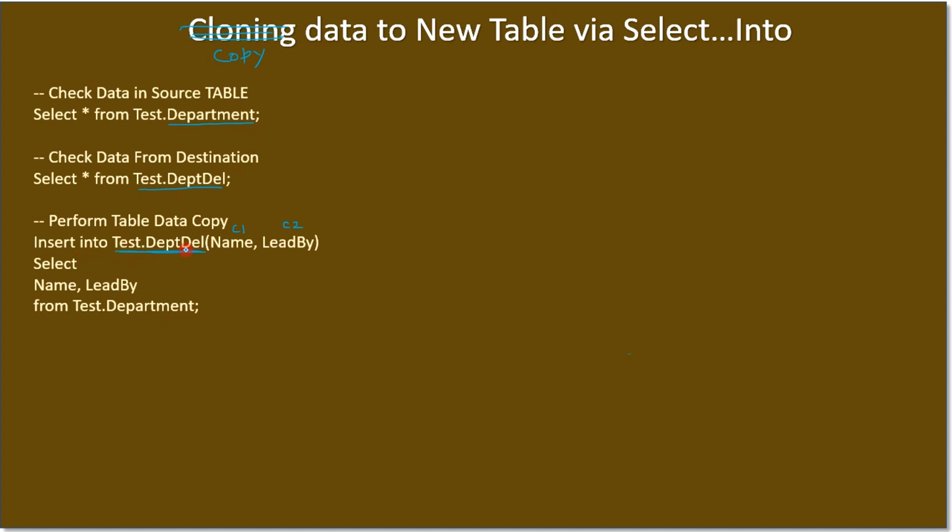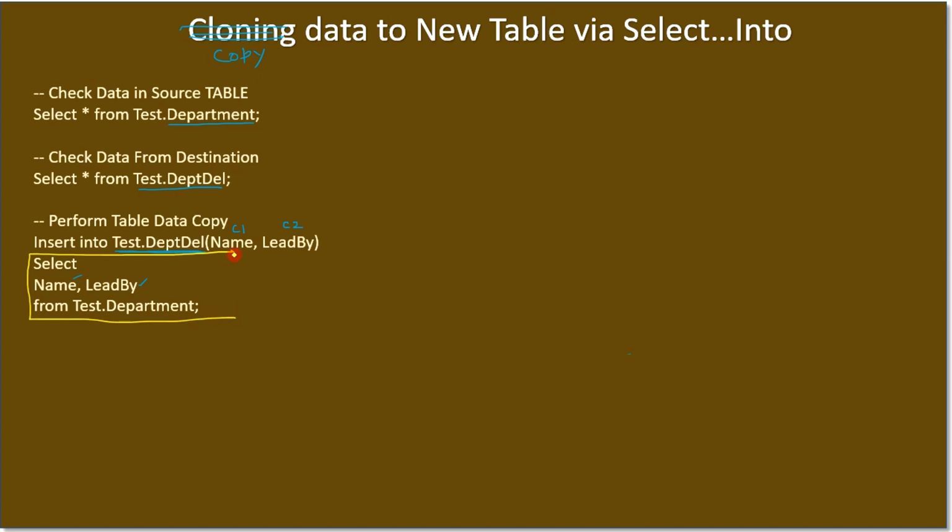So insert into department del, with columns C1, C2. Then instead of specifying the value list here, we make a select query: select name, led by from test.department. In this portion we actually supply the values.